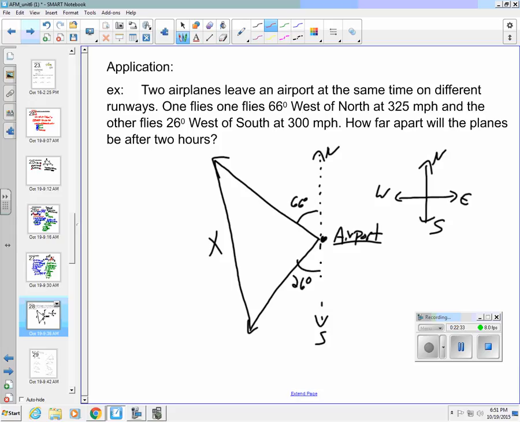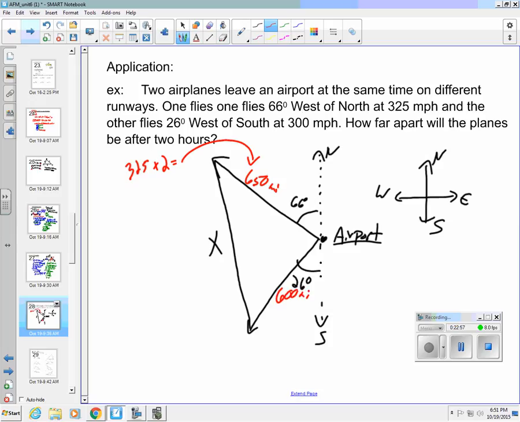Right, so I know if this plane is flying 325 miles per hour for 2 hours, then it's traveled a total distance of 650 miles. Same thing with the other plane. If it's traveling 300 miles an hour for 2 hours, it's traveled a total of 600 miles.